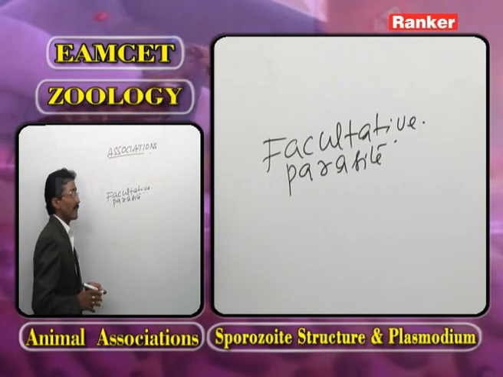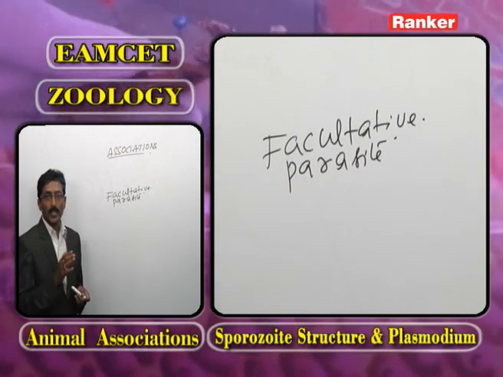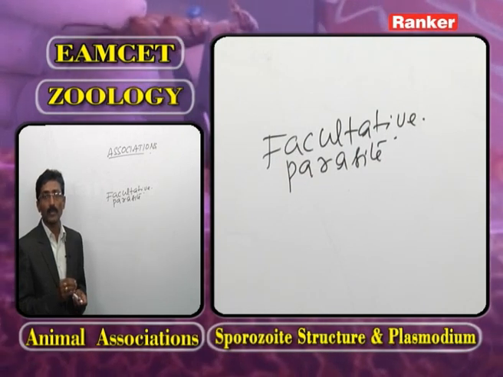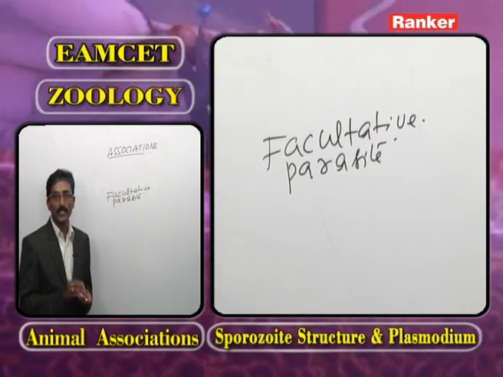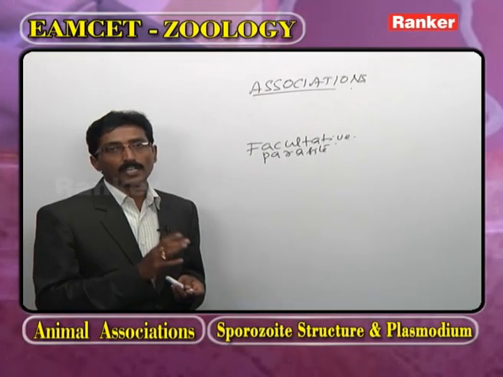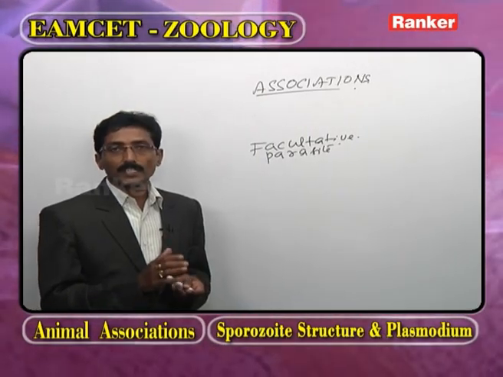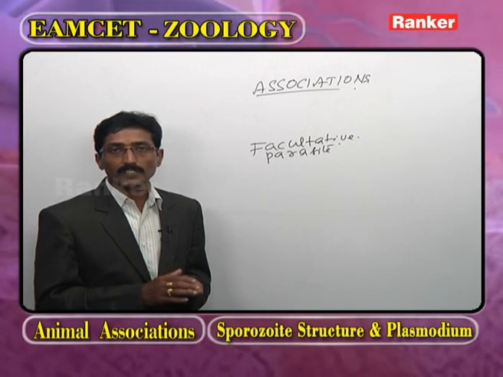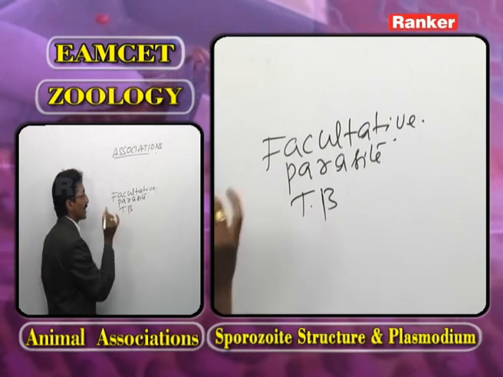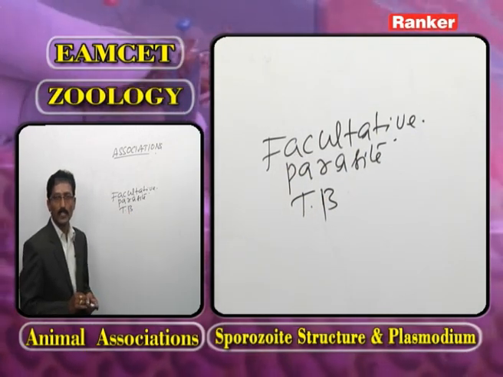That we call a facultative parasite. The best example is Mycobacterium tuberculosis. It is a bacterium that comes under the kingdom Monera, and it causes the disease called TB or tuberculosis.